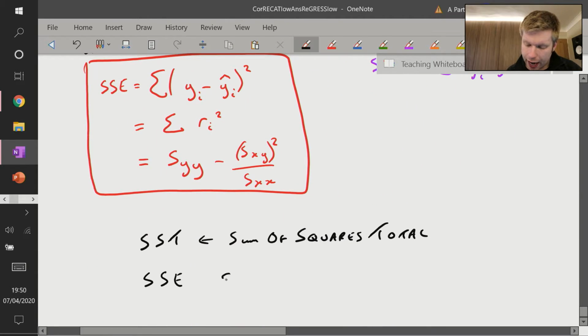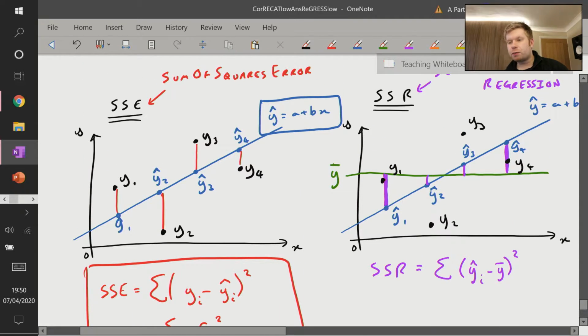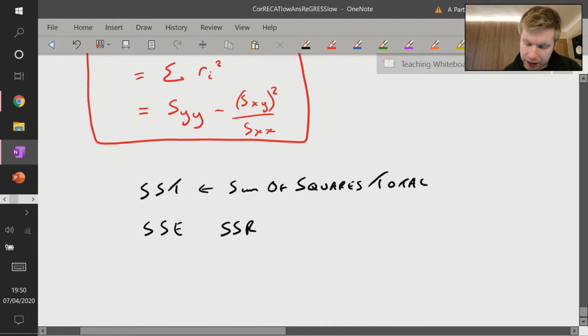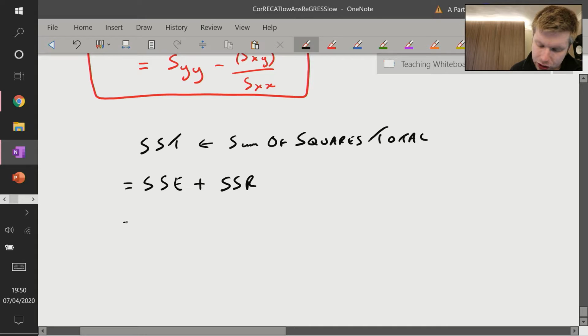And SSR, the sum of the squares regression, is simply the difference between the regression values and the mean of my data values. Then I'm just adding them together. So the sum of the squares total should be the total of these two errors. Now, have a think about this.